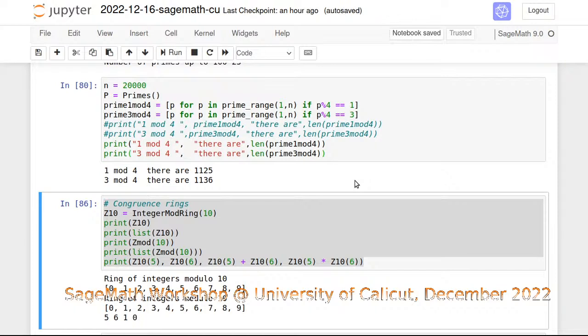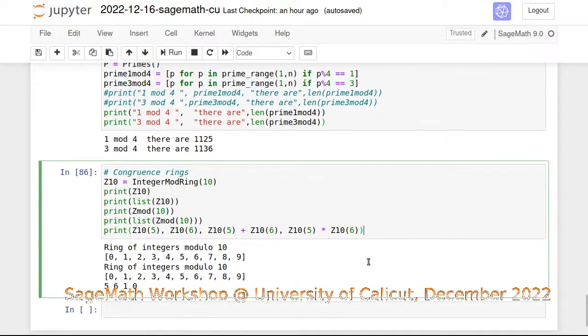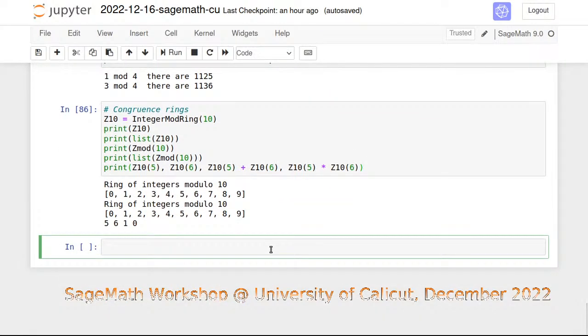Now, what are the units in this? In Z10, remember that Z10 is a ring, and therefore the operation in Z10 is nothing but integer modulo 10, which is essentially taking the sum as the usual integer sum and taking the remainder using 10. Now, what are the units in this?